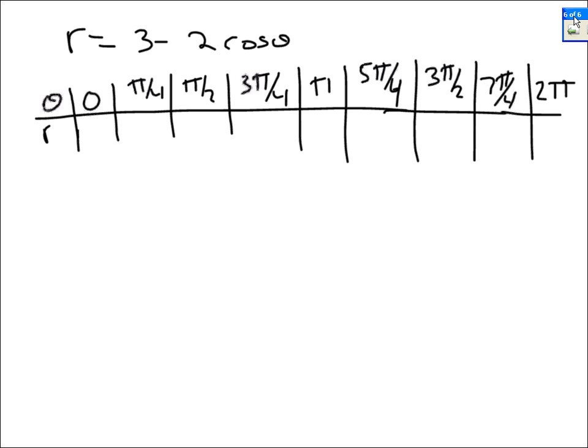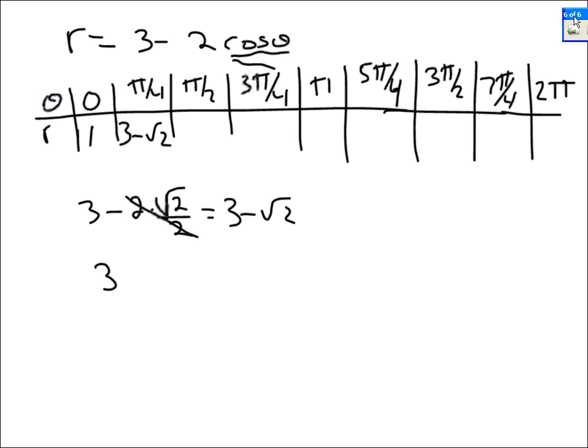Well, they're all going to be 3 minus 2 times the cosine. The cosine of 0 is 1. 3 minus 2 is 1. The cosine of pi over 4 is the square root of 2 over 2, so that's going to cancel out, and we're going to get 3 minus the square root of 2. 3 minus 2 times cosine of pi over 2, which is 0, so you get 3 minus 0, which is 3.